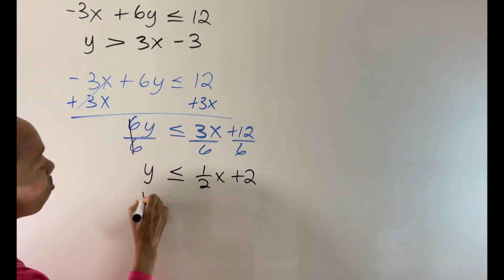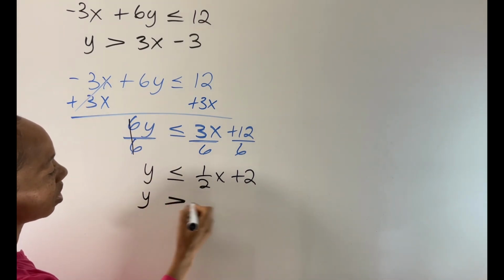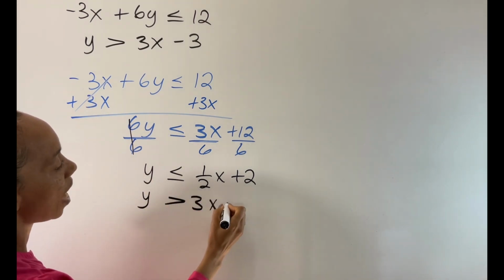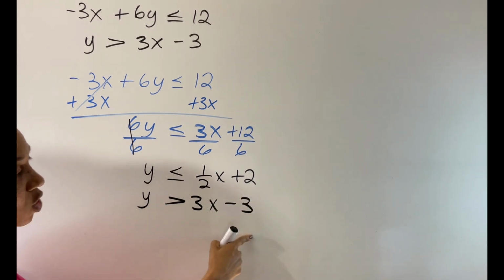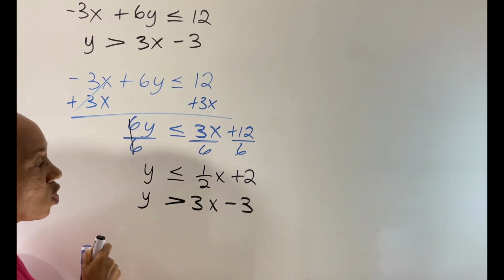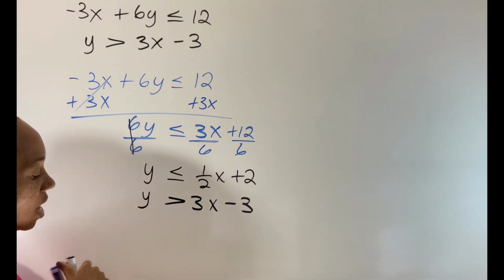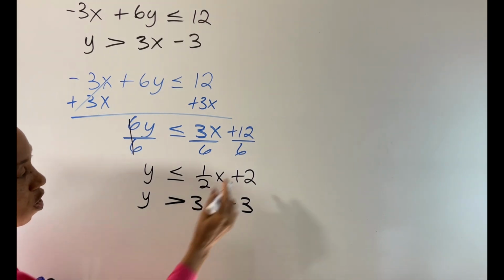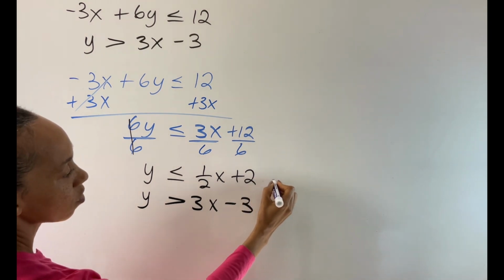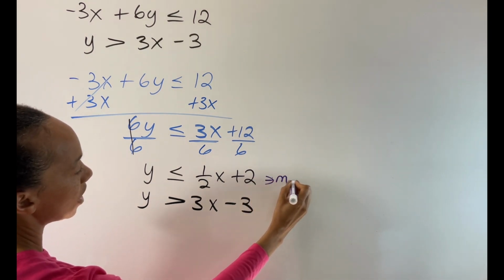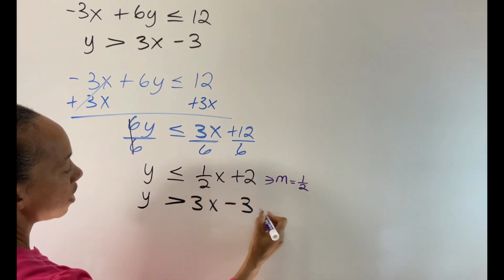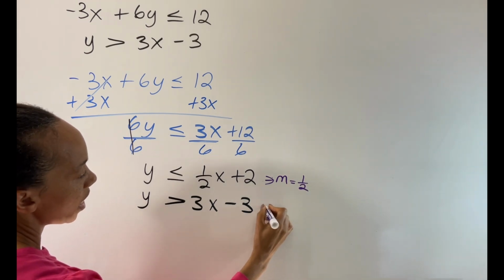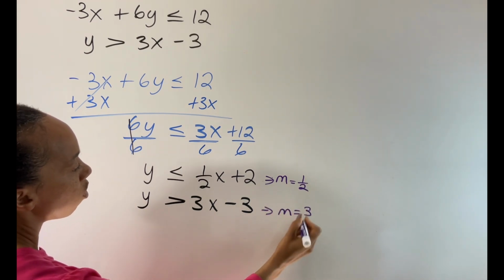And we will rewrite the second inequality because now we are going to graph these two. The first thing we need to do is identify our slope, and our slope for this first one is a half, and the slope for this one is going to be 3, or 3 over 1.